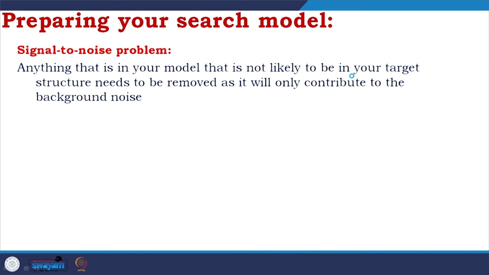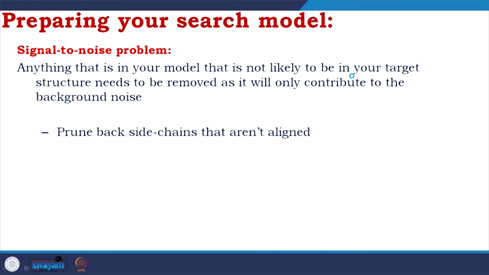Suppose, as I told, when it is the same protein, this signal to noise problem was not there, but now when you are going for 30%, 40% identity models, your unknown protein and the target protein could have been very different. They could be very different in terms of binding ligands, solvent and what not. They could have very different loops, very different flexibility in different parts of the loops. You have to take care.